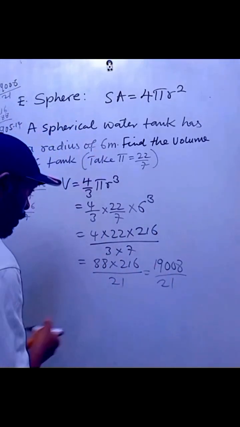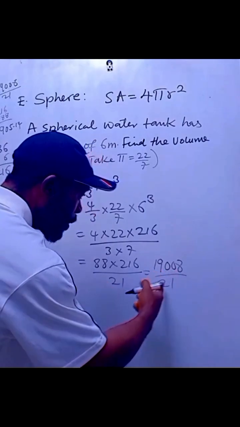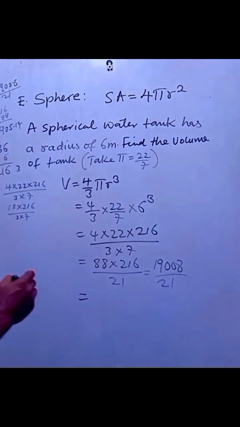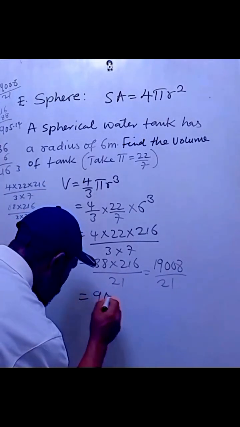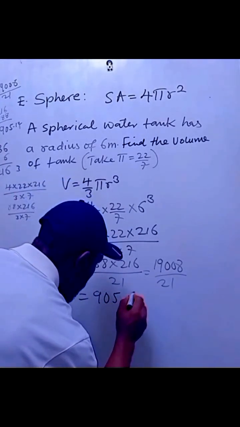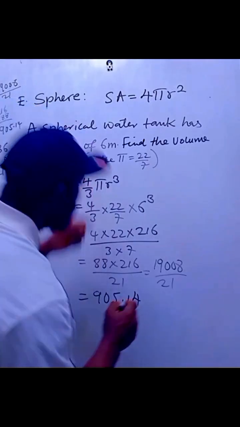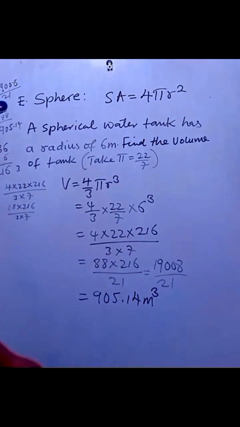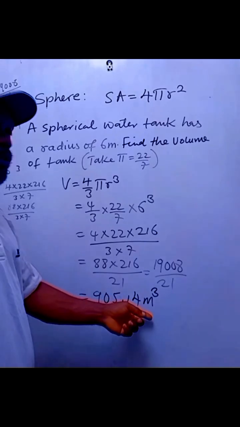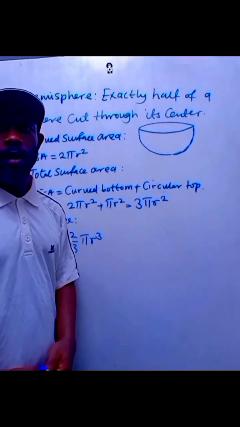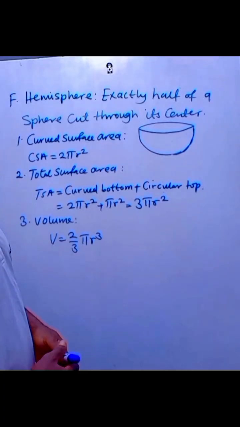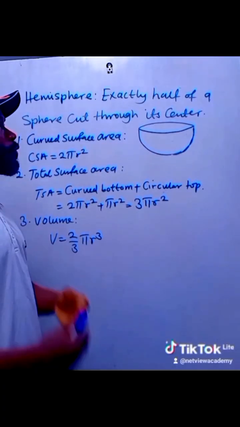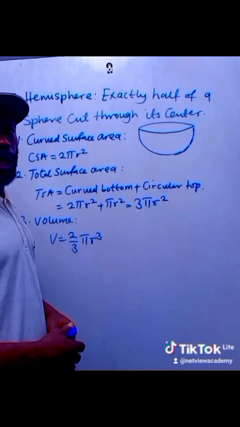The volume of the water tank is equal to 19,008 divided by 21, which is equal to 905.14 meters cubed, or 905.14 cubic meters.